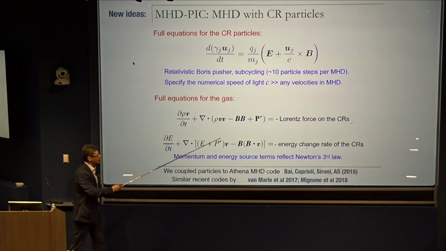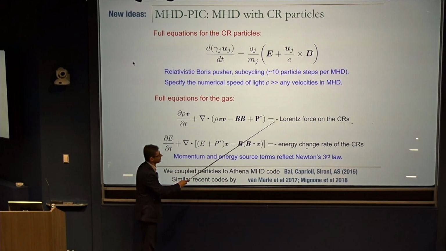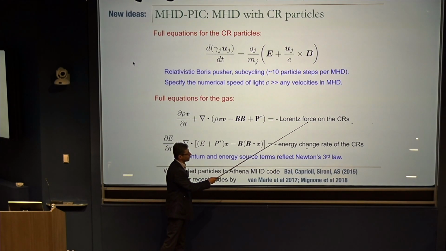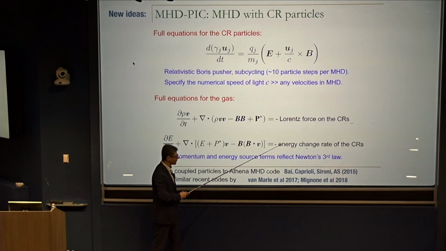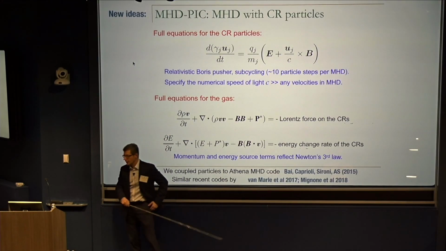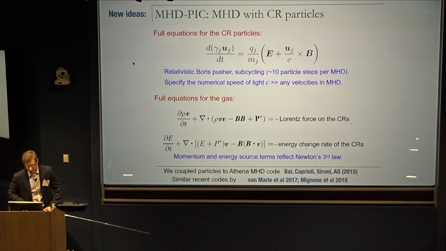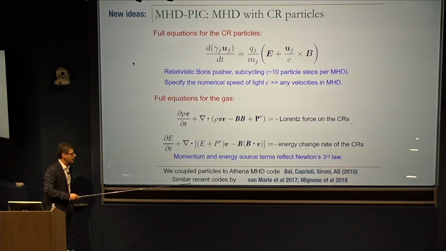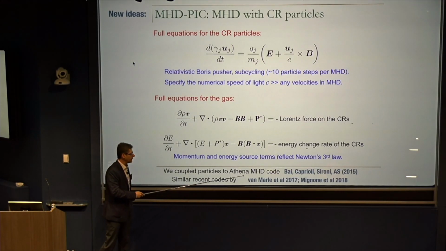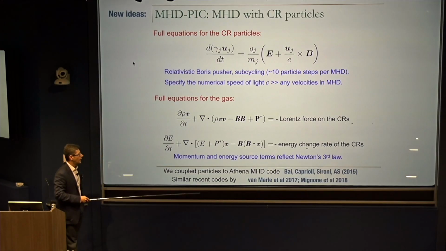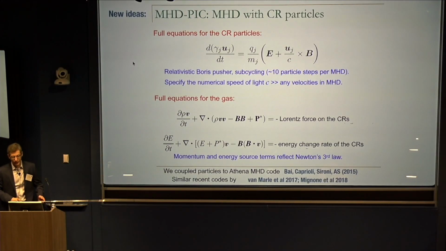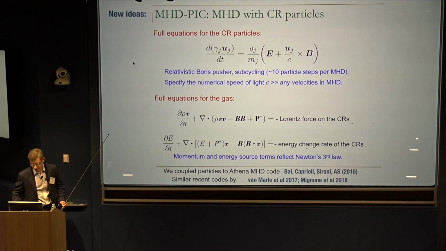The MHD just does its own thing, except it's affected by the Lorentz force on the cosmic rays. So the negative of that force is pushing on the flow, and the energy is also going the other way. This has now been implemented in Athena and Athena++, and also in the Pluto code, and we've been using all three of them for these projects.